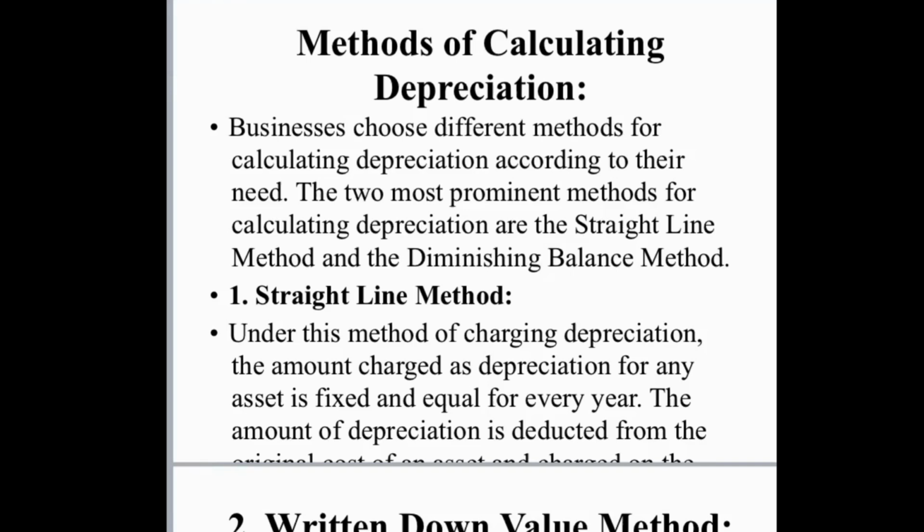After 5 years, the car value will be somewhere around 92,000 to 93,000. In this method, every year I'm calculating the value of the car and deducting 10% of that. That is called the reducing balance method.